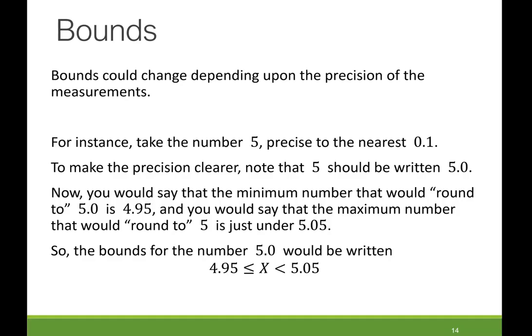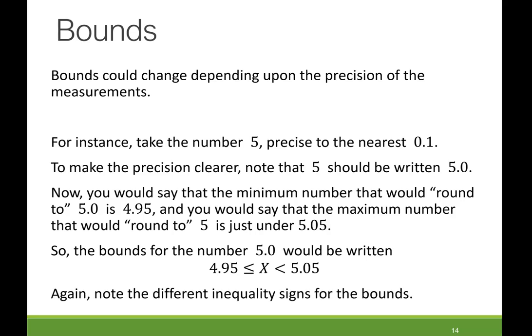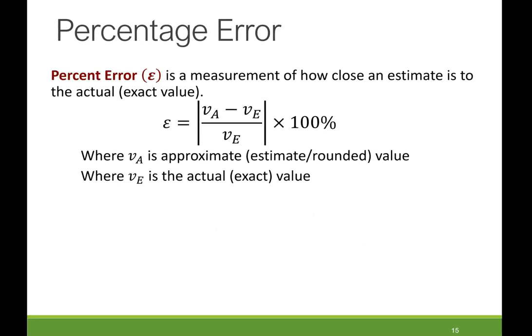Is everybody okay? This should feel pretty simple. There's nothing complicated going on here. We're doing no computation. We're just asking, what does this rounded number really mean? It could have been anywhere between here and here. Okay.